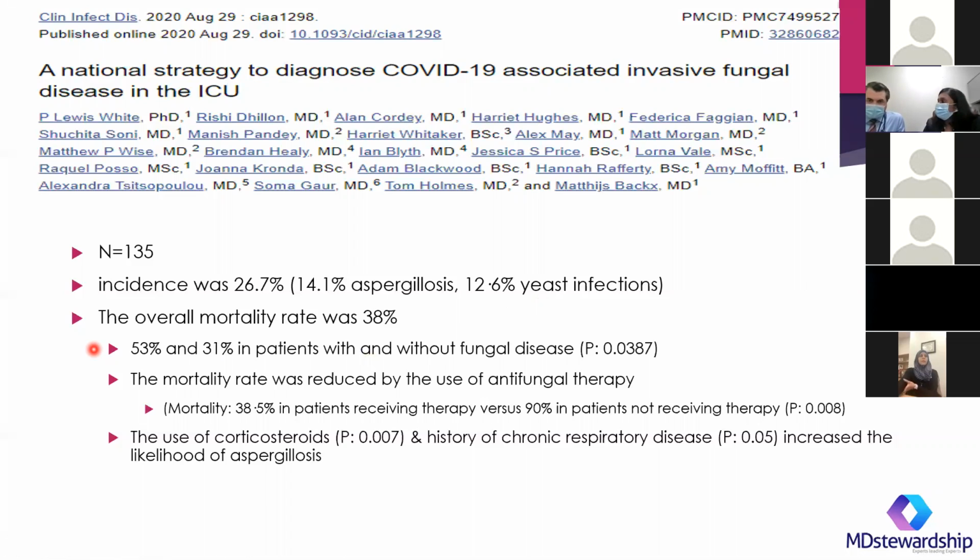Overall mortality, though, when they had fungal infection, like the other studies showed, was higher at 38%. So in these critically ill patients, the key takeaway is to look for fungus, get a BAL or sputum culture, and then treat if you find it.